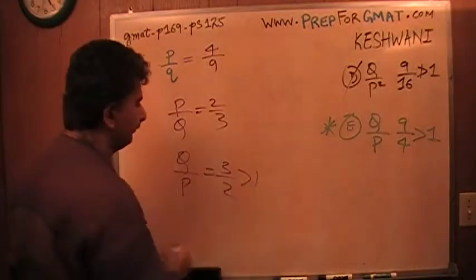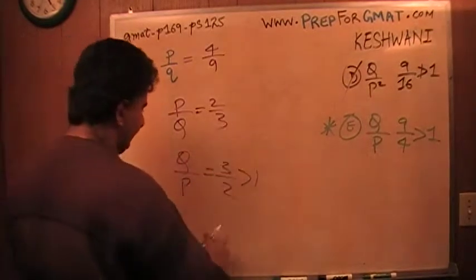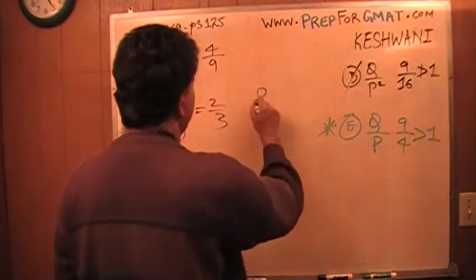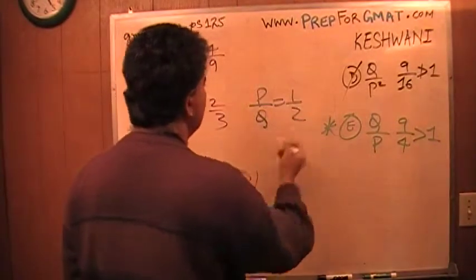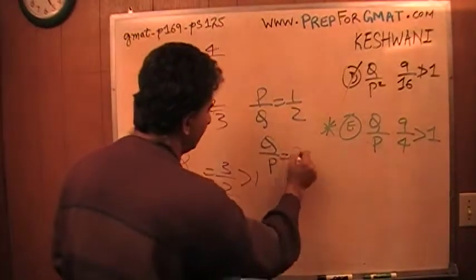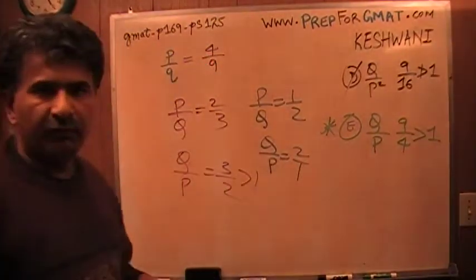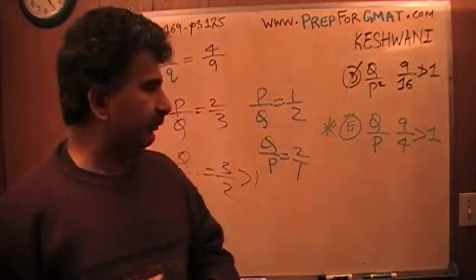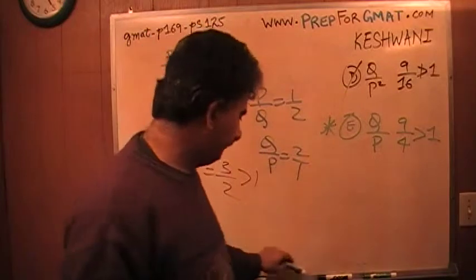It's more than 1. If my P over Q is 1 over 2, then my Q over P is going to be 2 over 1. Of course, if you have a fraction which is less than 1, when you take the reciprocal of it, it's going to become more than 1. That's what it is. Answer choice is E.